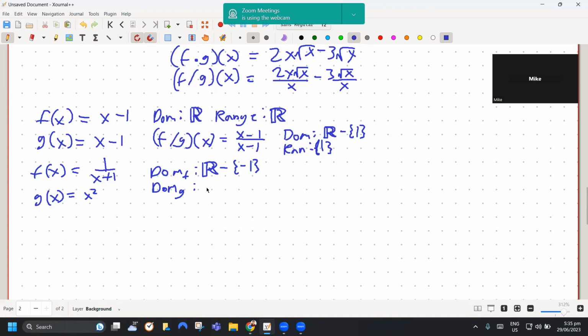Okay, so for each function, ano domain, ano yung range? Pwede pa i-graph ng 1. Ano ba yung graph ng 1 over x plus 1?